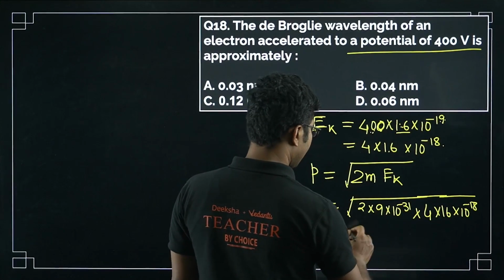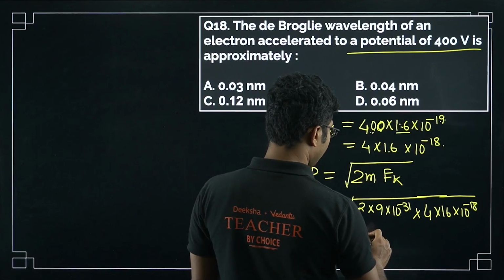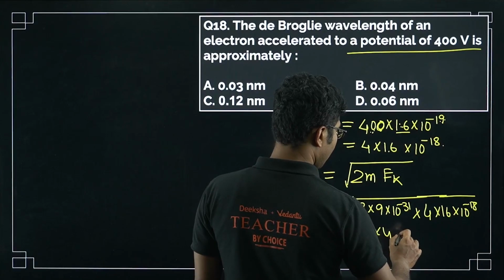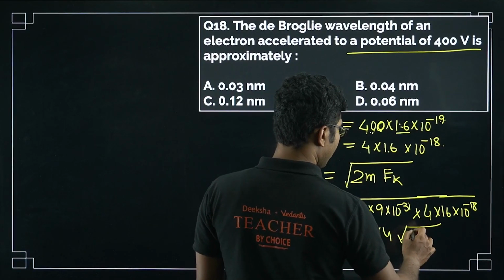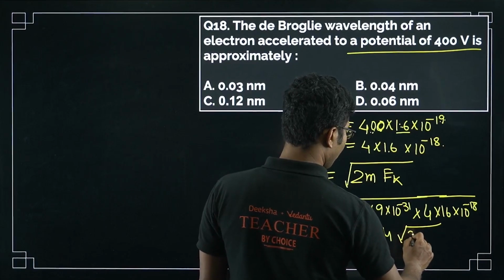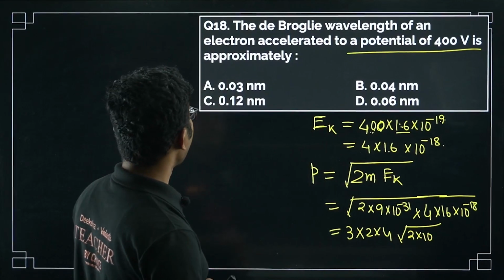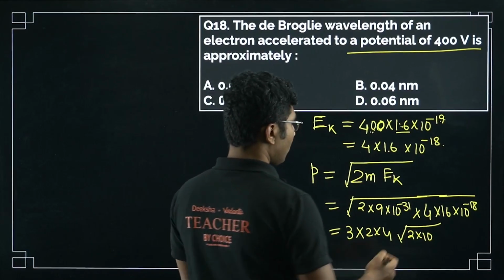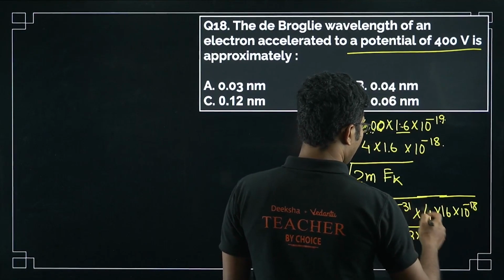So it will be 3 into 10 to the 4, that is 2 into 4 into 10 to the power of 2 into 10 to the power of minus 49.